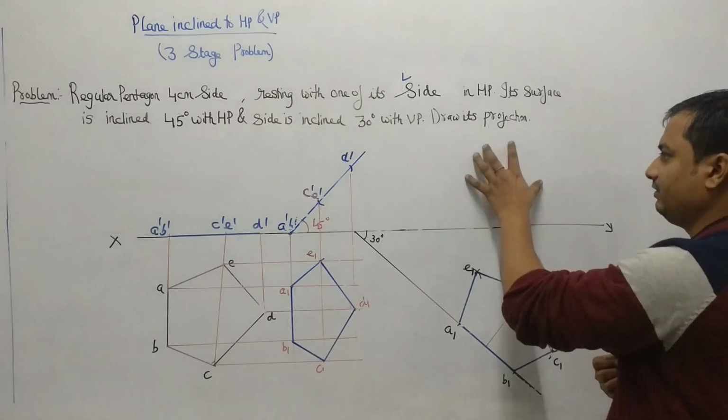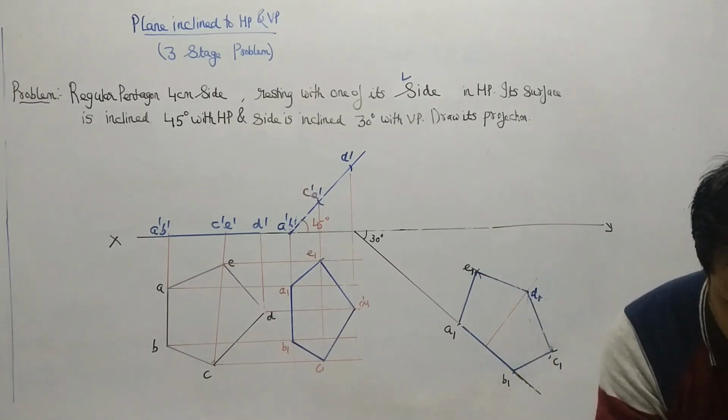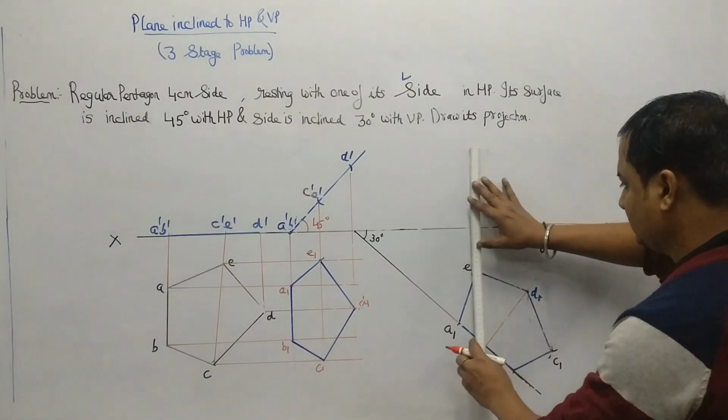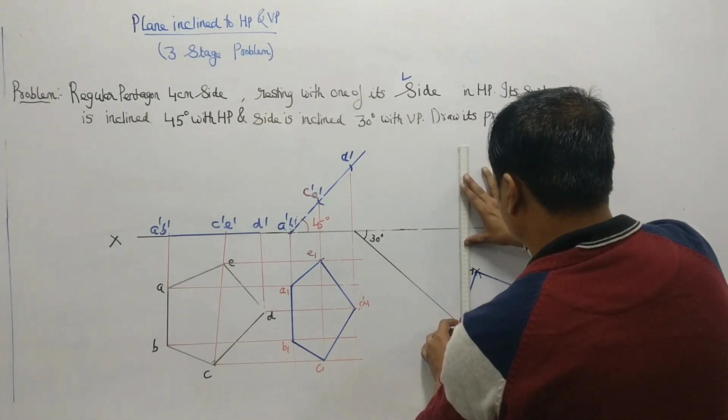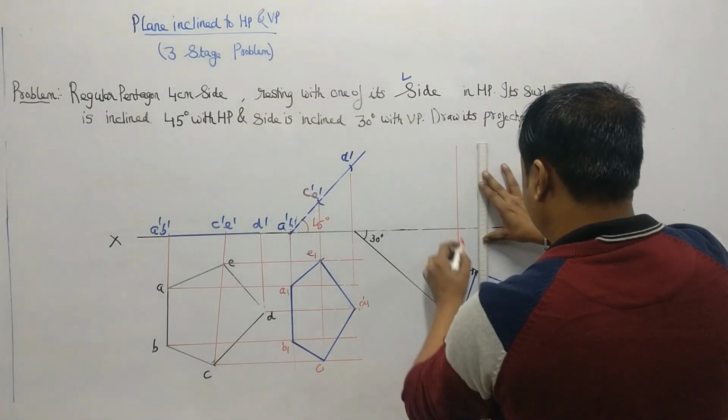Now I want the final front view. For the final front view, we have already seen, we will be using the vertical projectors and the locus. So from here I will be drawing projectors.